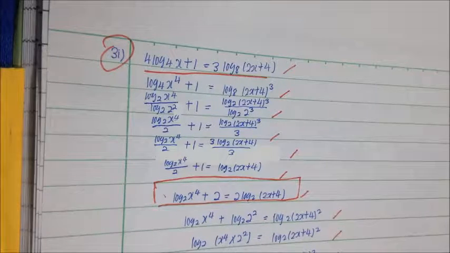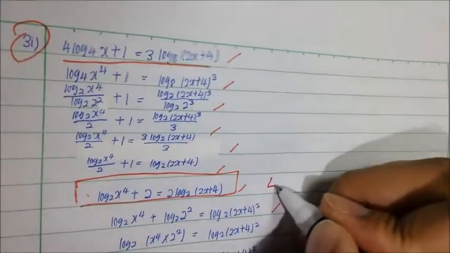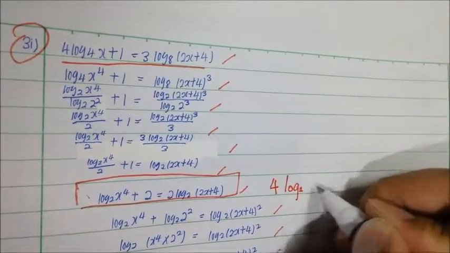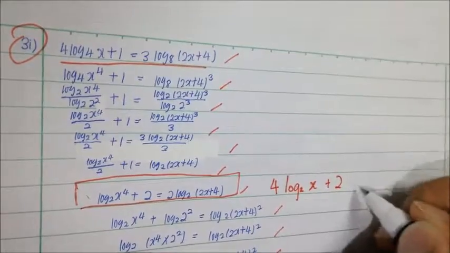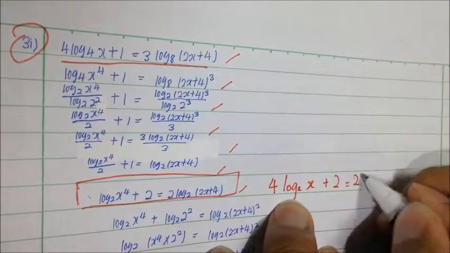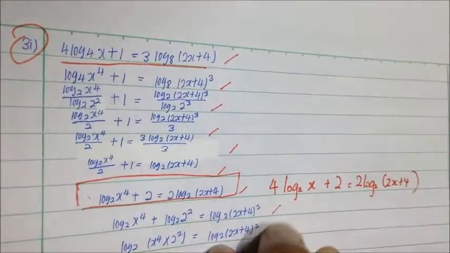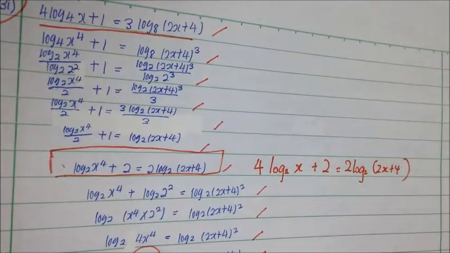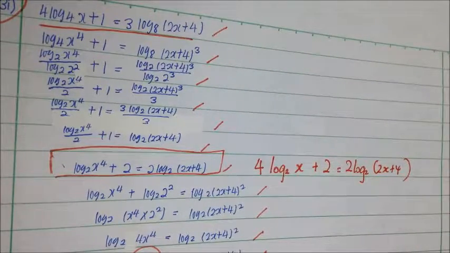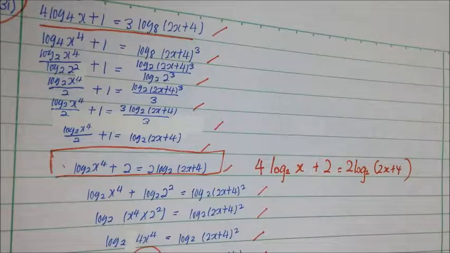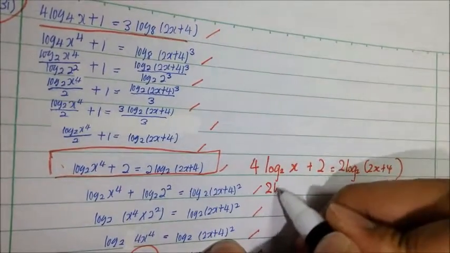If I make my power smaller, I write 4 log (2x plus 2) equals 2 log (2x plus 4). Now what I can do next is the 4 divided by 2 becomes 2, this divided by 2 becomes 1, this divided by 2 becomes 1. Do you see that straight away I have something smaller?